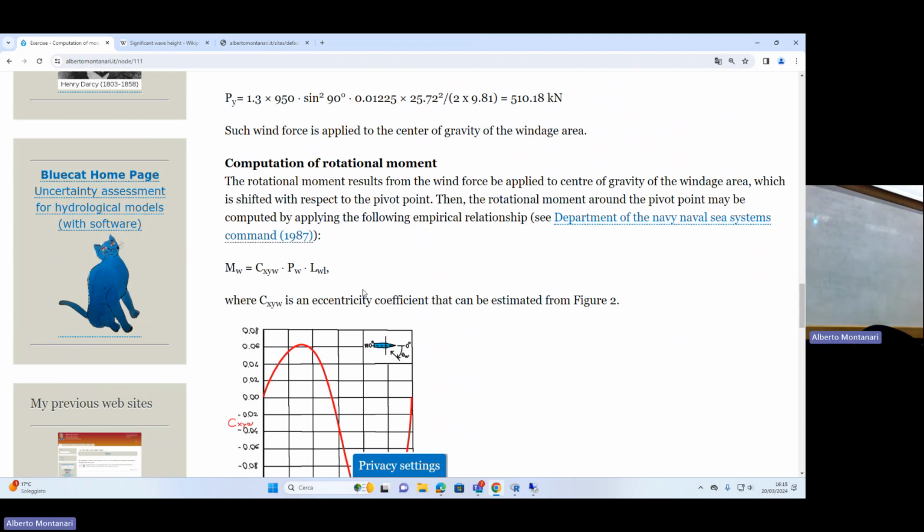And then let me edit it. Rotational. Okay, this is corrected.